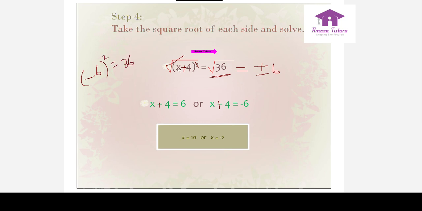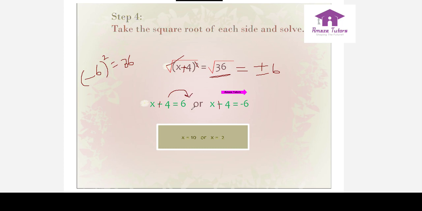That is the reason whenever you square root any perfect square number, write both positive and negative value of that, so that we will get two solutions. Now let me separate that. x plus 4 equal to 6, x plus 4 equal to minus 6. Now from here you know very well how to solve it.